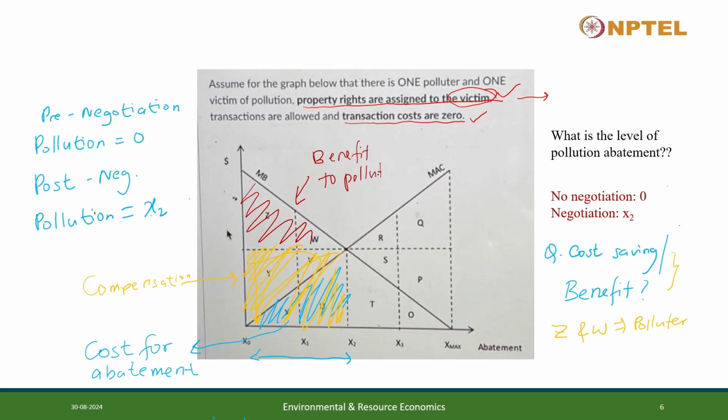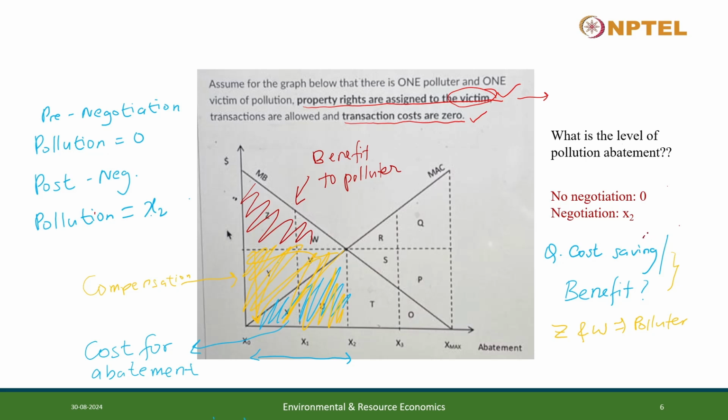Okay. Now, what will be the benefit to the pollutee? Anyone? Please try. Area Y and area V, right? You said V? Yes, ma'am. Yes.